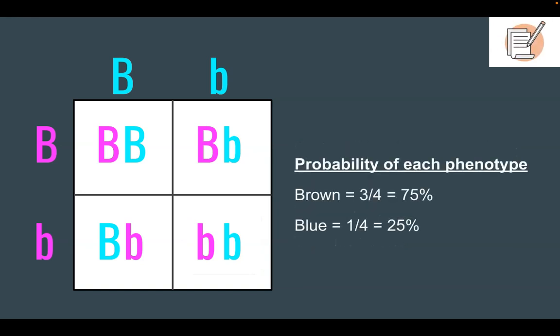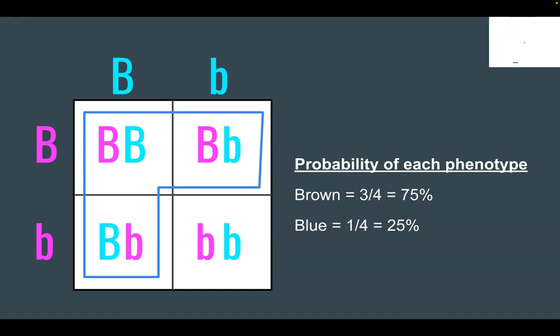The more interesting question is, what is the probability of each phenotype? Reminder that brown eyes are dominant to blue eyes, so a single dominant gene would result in a brown-eyed child. Here we can see that 3 out of the 4 combinations result in a brown-eyed child. So if these 2 parents reproduced, there's a 75% chance that they would have a brown-eyed child.